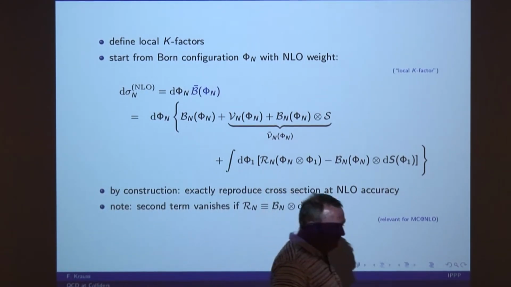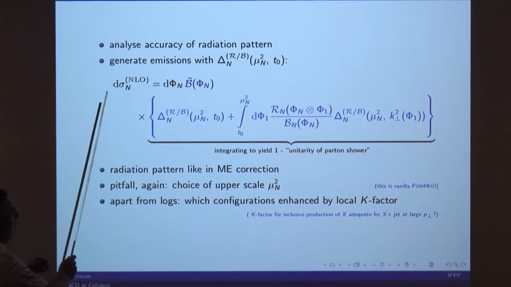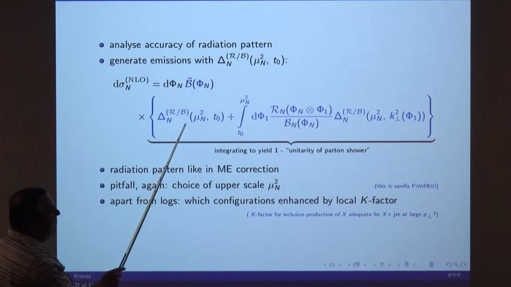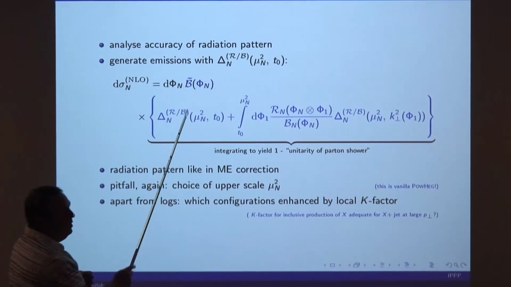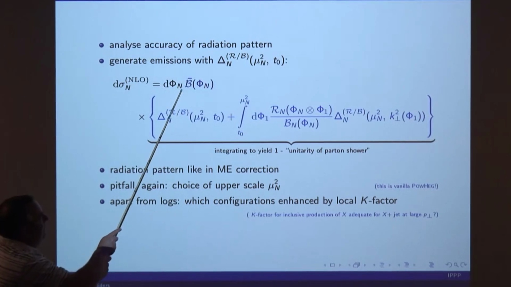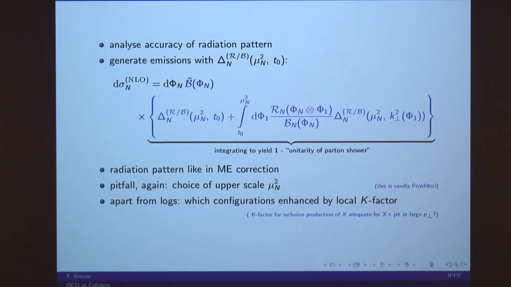So let us do that. This is the POWHEG thing. As before, Born emission, no emission or emission, with the difference now that the Born is weighted in such a way that when you integrate over phase space, you get the full next leading order result. You practically put some local, kinematics-dependent K factor onto the Born, on top of what I did before.